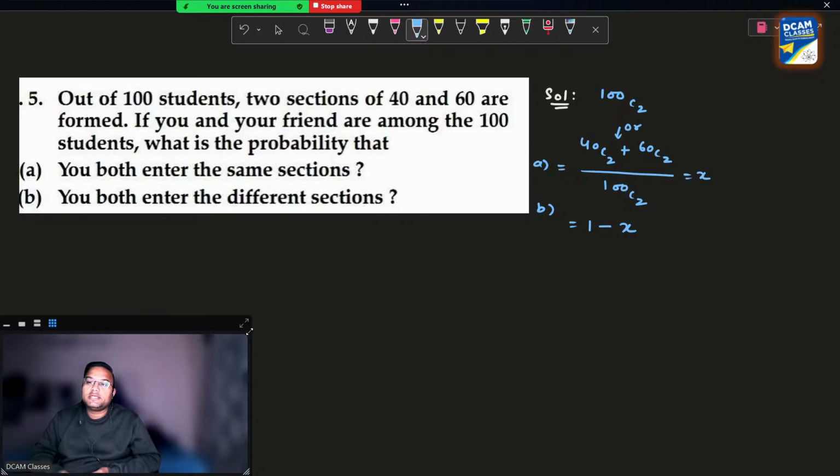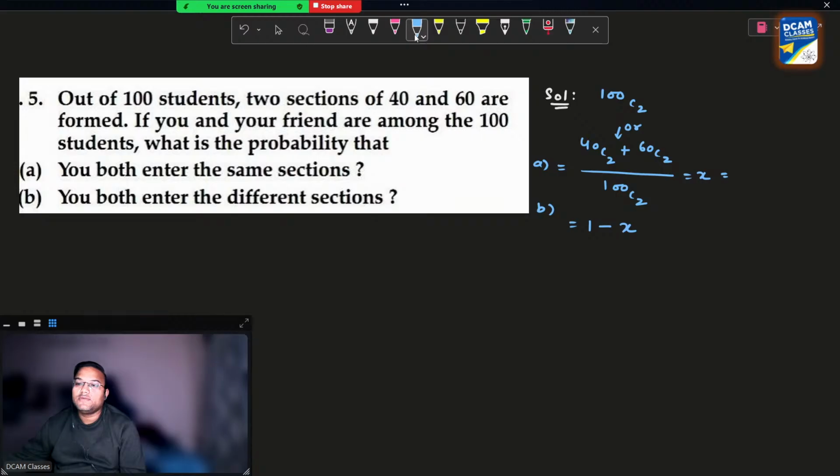Being present in a section of 40 or being present in a section of 60 represents the total exhaustive cases. All the cases combined will give the probability of total 1. So if you remove the above cases in which you both enter the same section, you will get the probability of you and your friend being present in different sections.